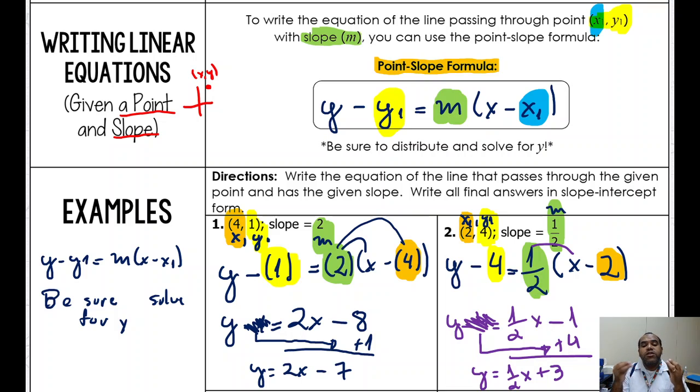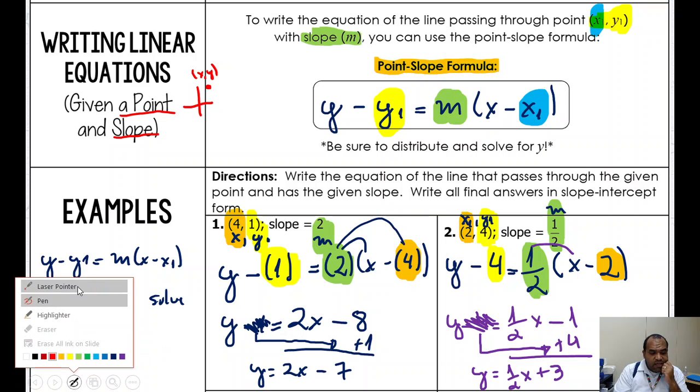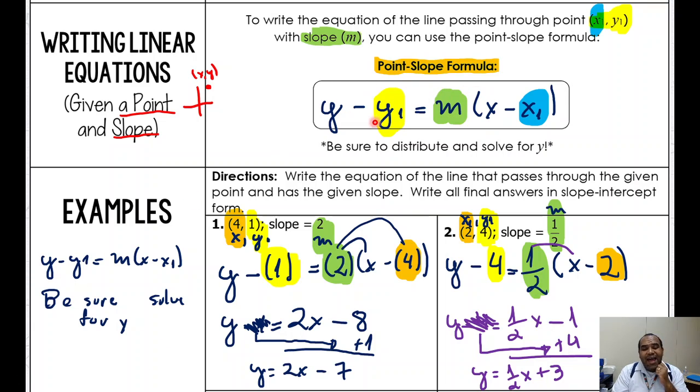The formula is the point slope formula. As you remember from our class, I taught you, and here is our formula: y minus y1 equals m times x minus x1. Remember, this y over here and this x stay away from the formula. The numbers, as you see, are highlighted.